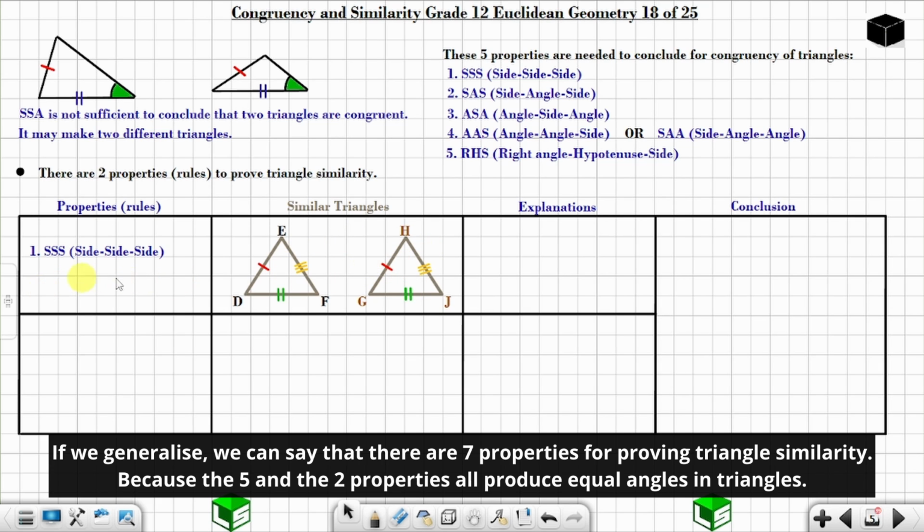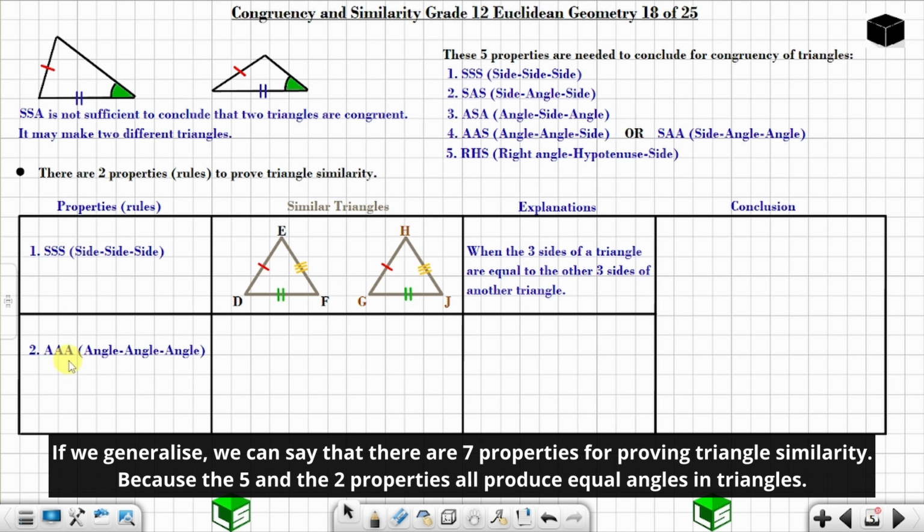If the 3 sides in one triangle are proportional to the 3 sides in another triangle, this is sufficient to conclude that the 2 triangles are similar. Explanation: when the 3 sides of a triangle are proportional to the 3 sides of another triangle, you can conclude that the 2 triangles are similar.